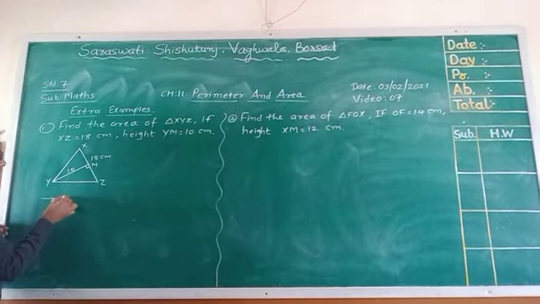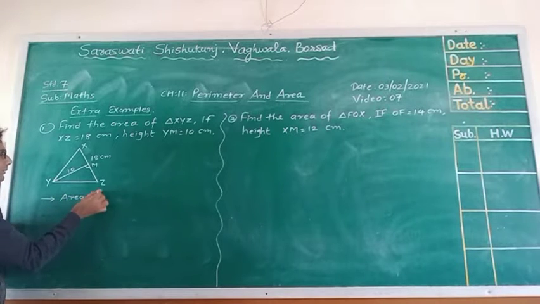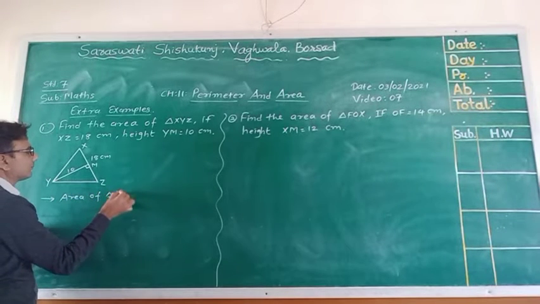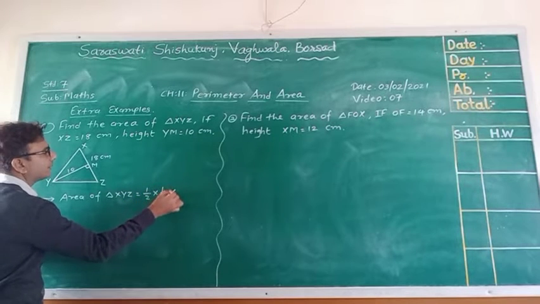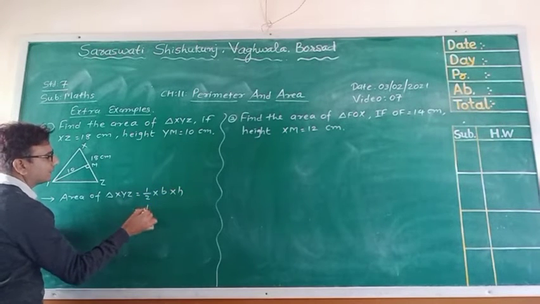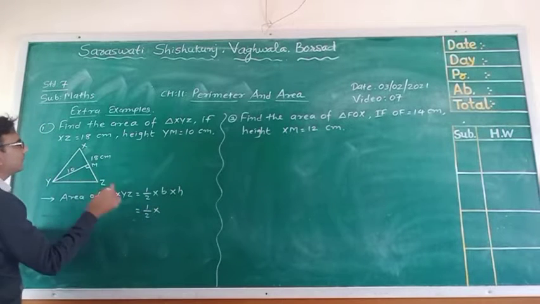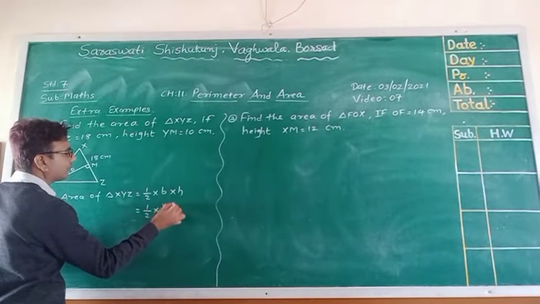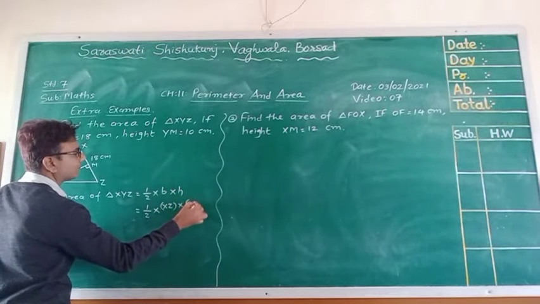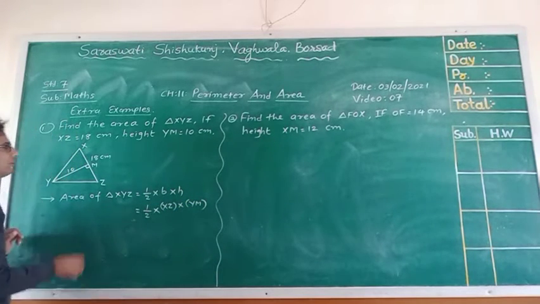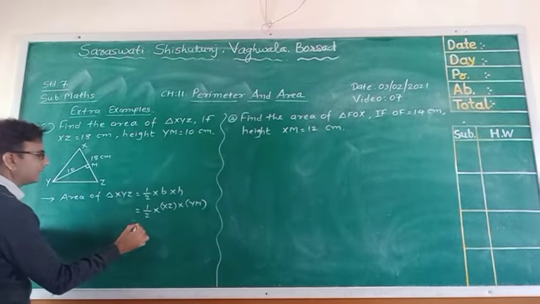Simple, we will use the formula: area of triangle XYZ equals 1/2 base into height. The base we took is XZ and the height is YM. Clear? Base is XZ and height is YM.